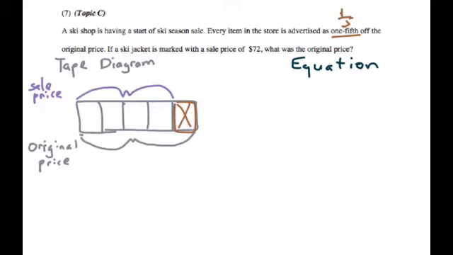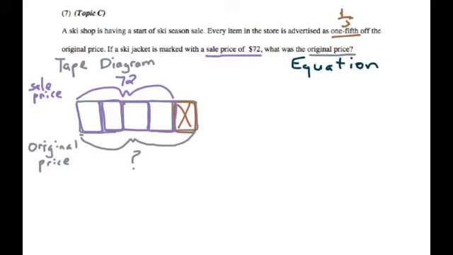Do we know the sale price or the original price? If we search the problem, it says the sale price of $72, and then the original price has a question mark by it. So we don't know the original price, and we're given a sale price of $72.